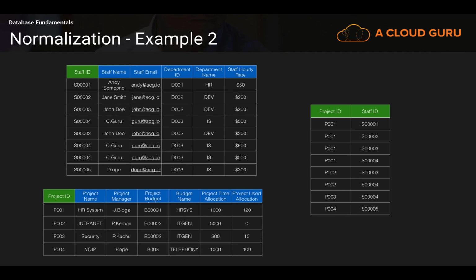What about third normal form? You'll recall that the rule for third normal form is that no non-key attributes should be dependent on another non-key attribute. And you will see this is the case with the departmental name, which is only dependent on department ID, a non-key value. To fix that, we need to split the department name column into its own table with a primary key of department ID, and department ID becomes a foreign key in the staff table.